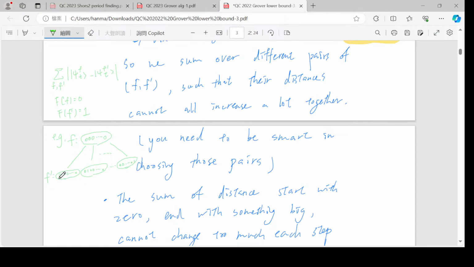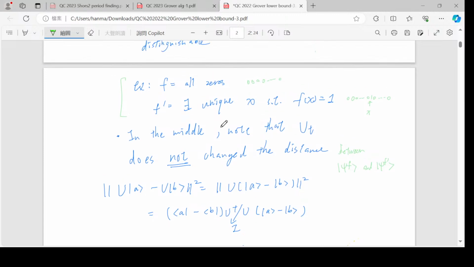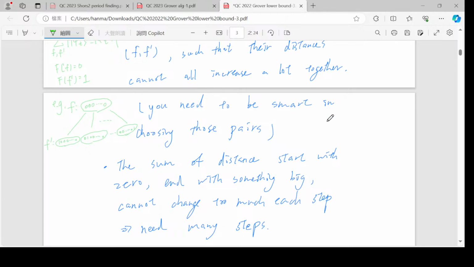Now we go back to search a little bit. The only yes-answer input to the search problem is the 0 string, as we know, because it is the only one with no marked item. This part is where you need to be creative for different problems. What f and f' set you pick depends on your problem.